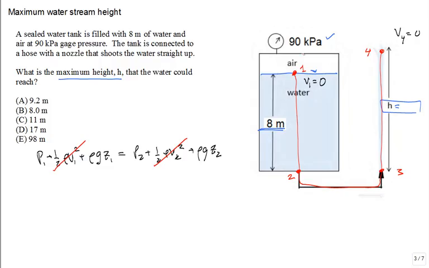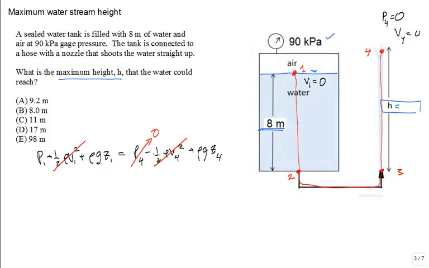What is the pressure at 1? It's 90 kilopascal gauge, right? What about the pressure at 4? 0 kilopascal gauge. Why did I write 2? I should have written 4. Okay, so the pressure at 4 is 0.